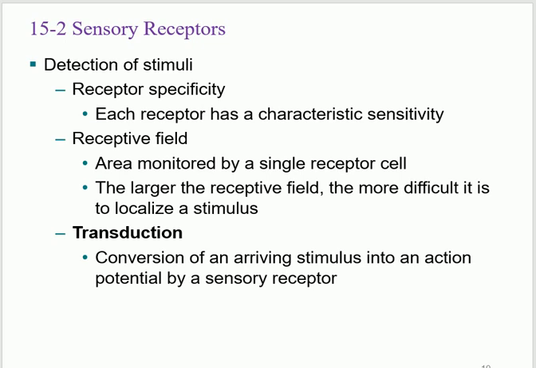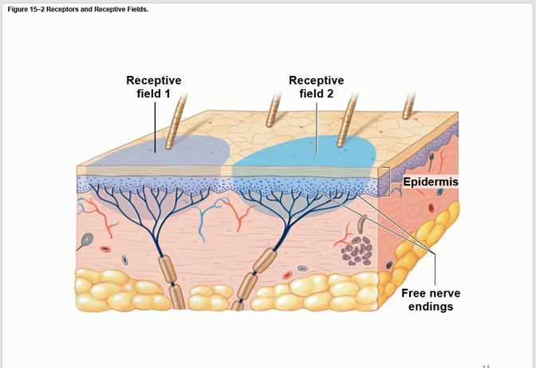Transduction is when you convert these stimuli into electrical signals. We call that transduction. So what do the receptors do? Transduction. They get the signal, they convert it into action potentials, because this is what's actually going to travel down the nerves. Look at the receptive field.